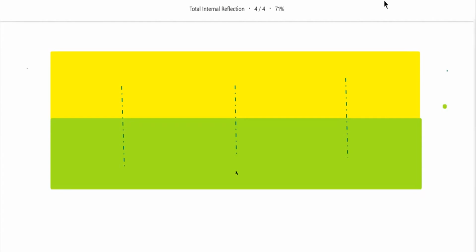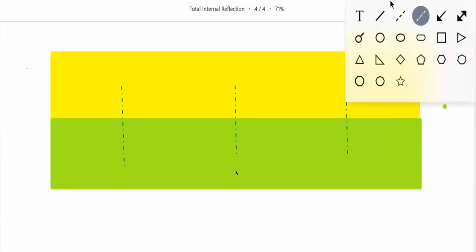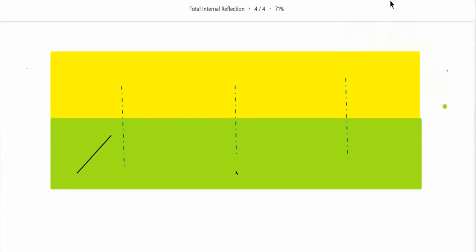We'll see like this. Let this be the incident ray. Here, let this be the angle of incidence. This is the boundary. Let this be the rarer medium, mu r.